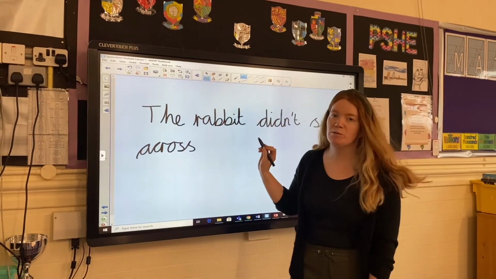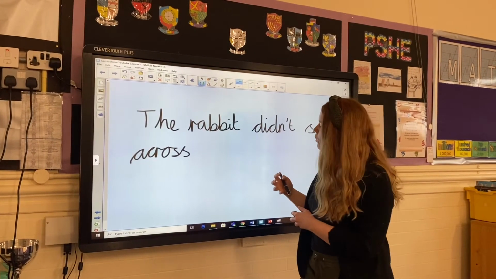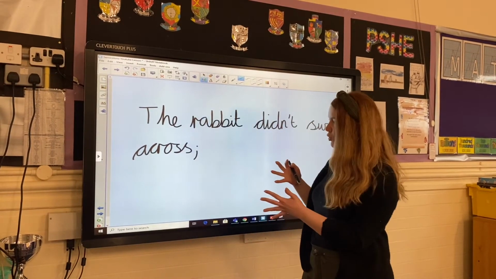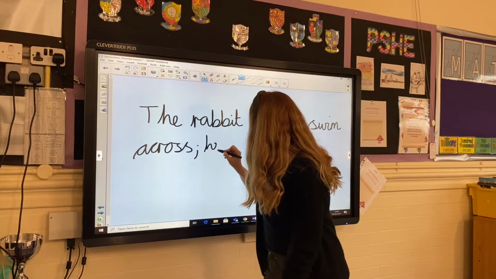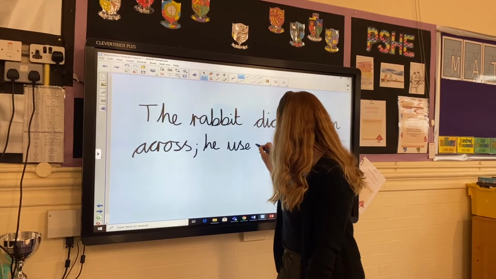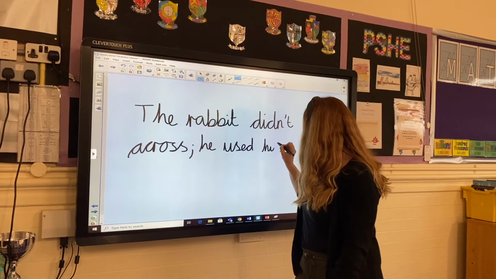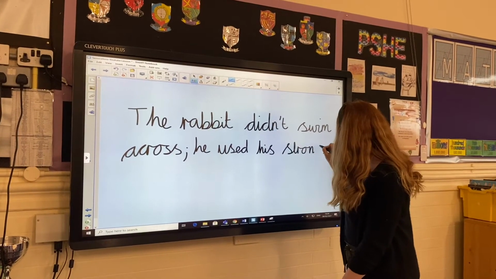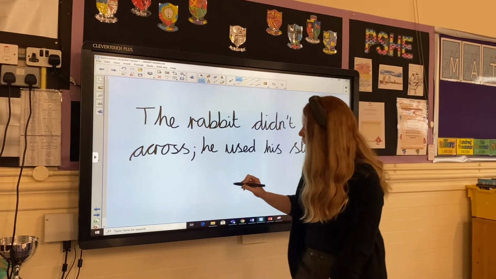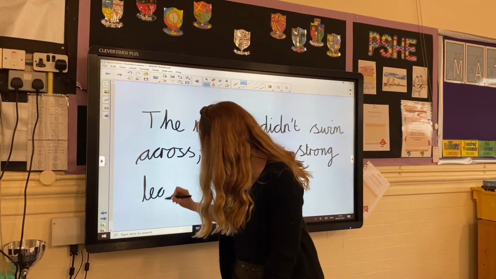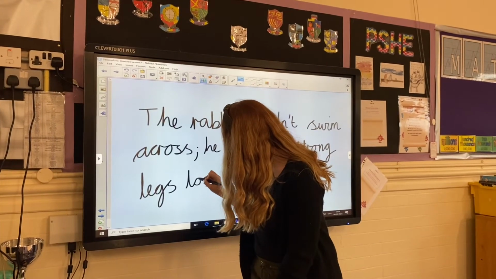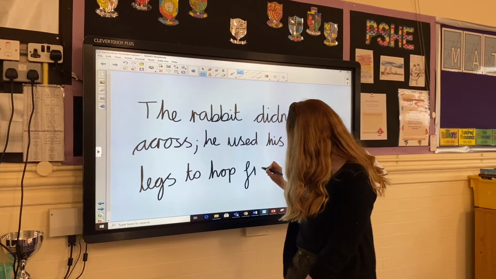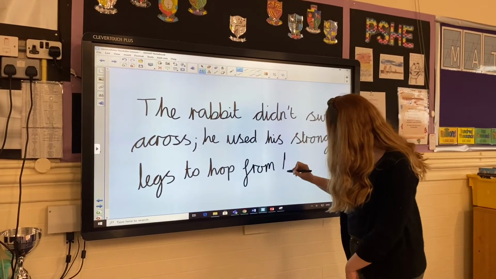Now normally here I'd put a full stop, but instead I'm going to continue. So I'm going to put my semicolon. So the rabbit didn't swim across; he used strong legs to hop from log to log.